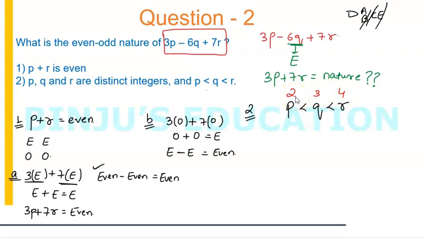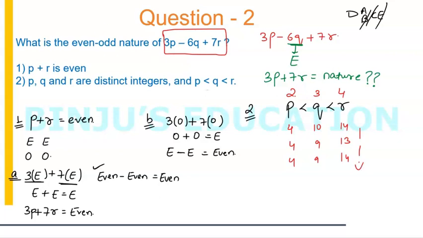It's just given that they are distinct, with P less than Q less than R, so you can have P as 4, Q as 10, R as 14. You can also have 4, 9, 13, or 4, 9, 14. There are a lot of possibilities. Don't confuse this with consecutive integers, otherwise you'll end up getting the wrong result.